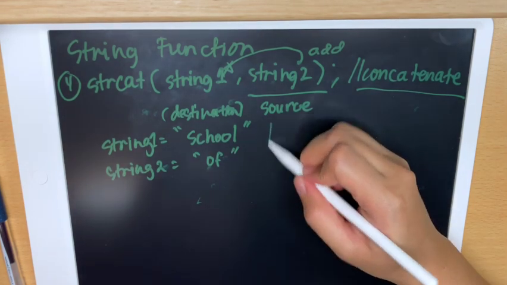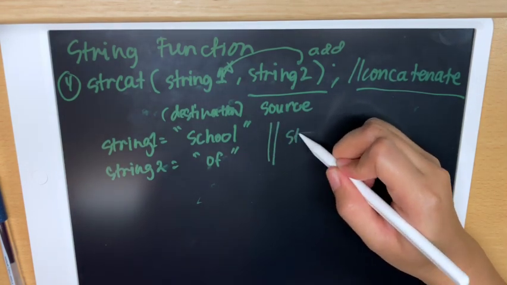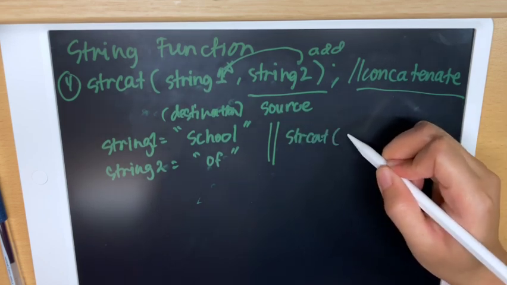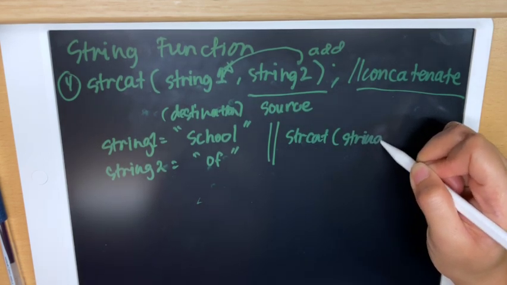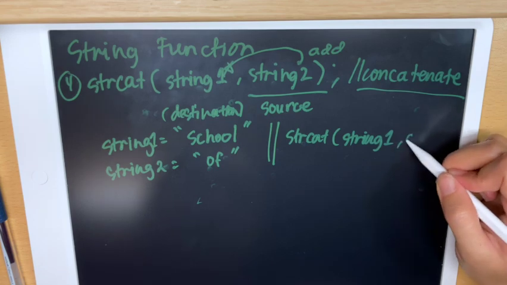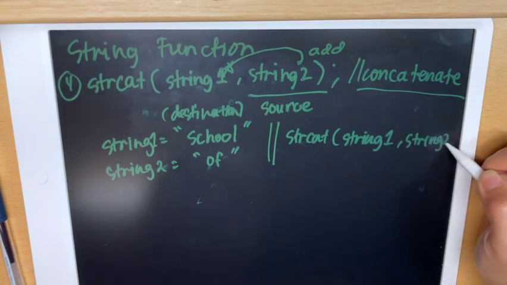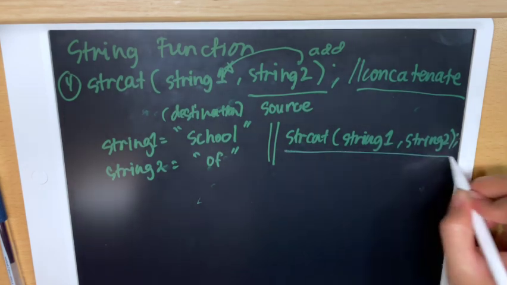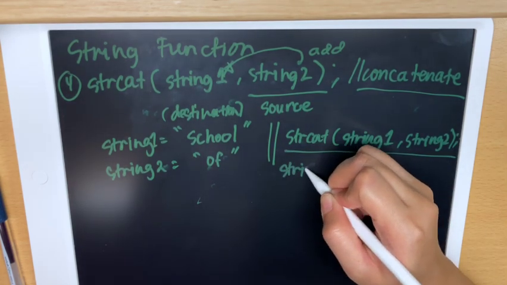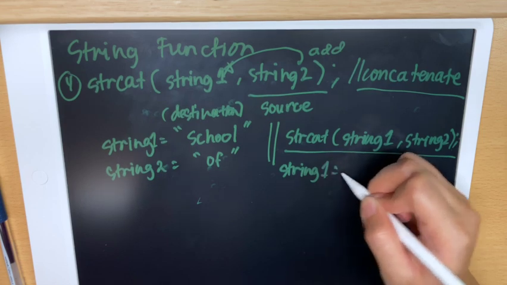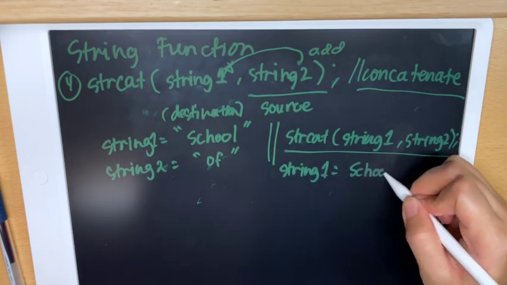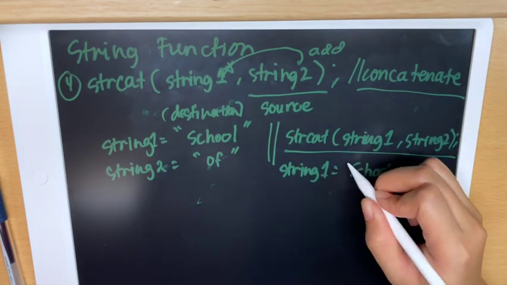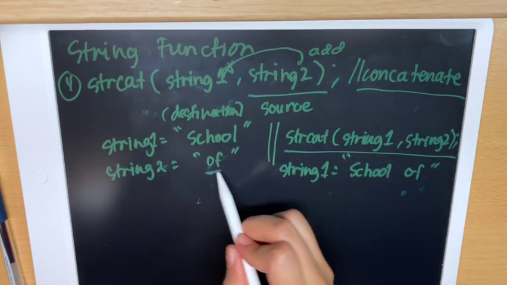If you concatenate string 1 and string 2, what will happen is that after you call it, string 1 will now become "school off", since you add "off" to "school".